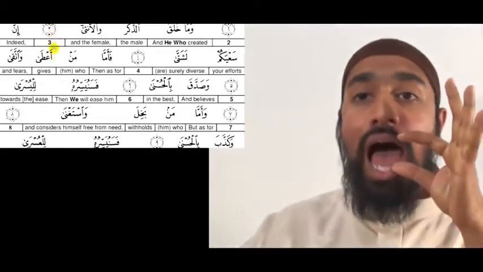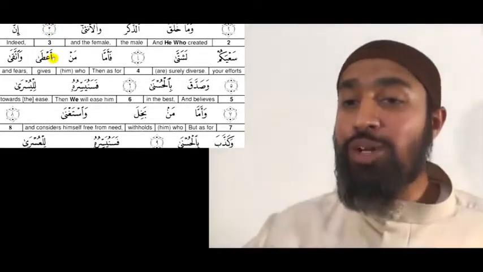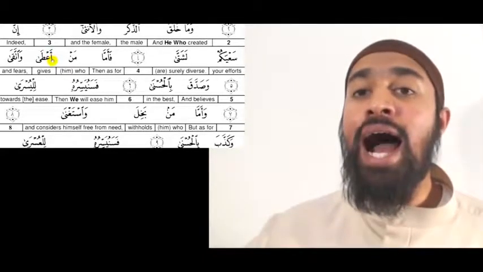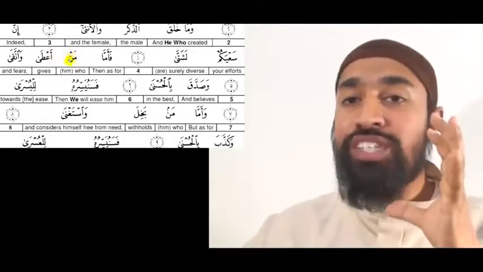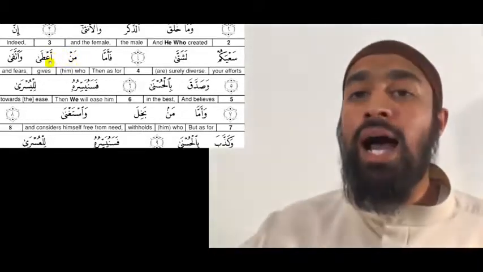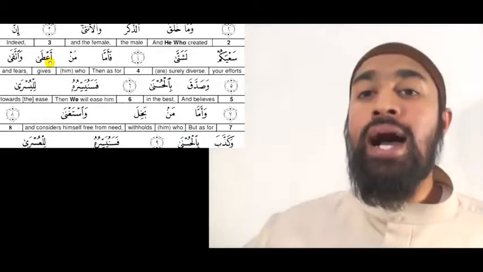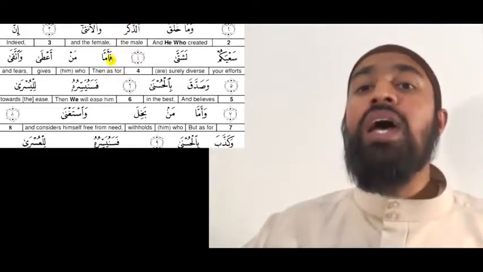Open it wider. Right now we're just practicing how to carve out that alif and the ain sound. Second part of the throat, open the mouth. Don't force any air. Just relax. Man. You hear the two sounds? Alif and then ain.